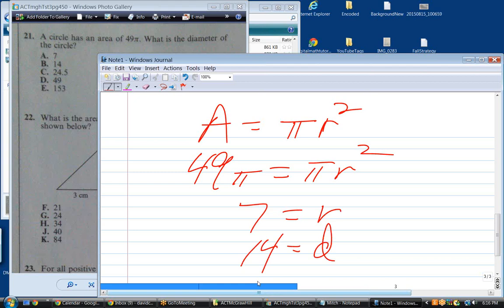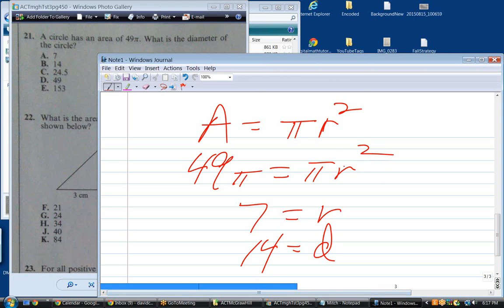You want to tend to think of everything in terms of r. I mean, I know that circumference is pi times d, but d is just not a variable that you use very often. Circles and spheres are all about r. They're all about the radius. Everything is about the radius.